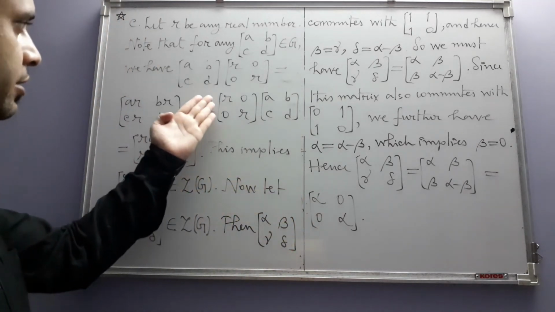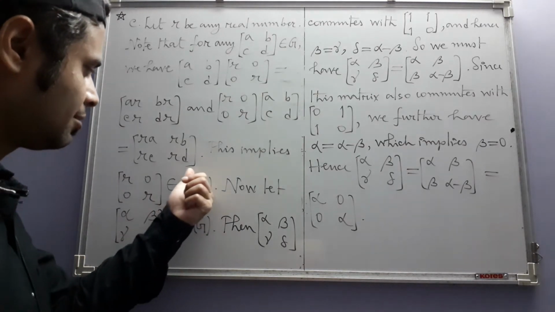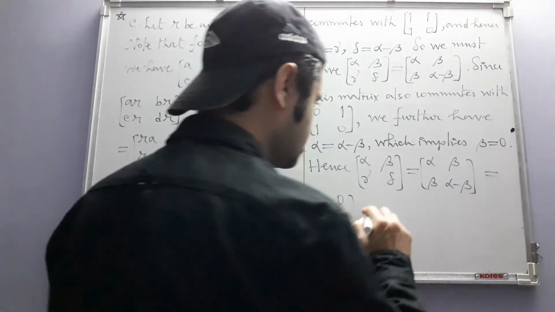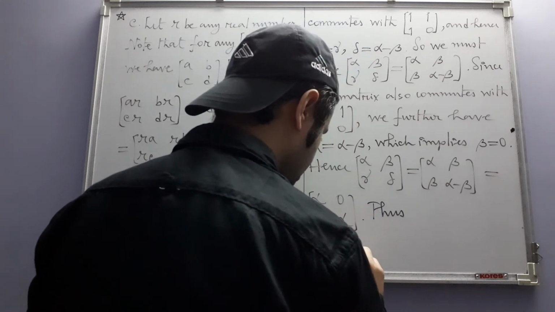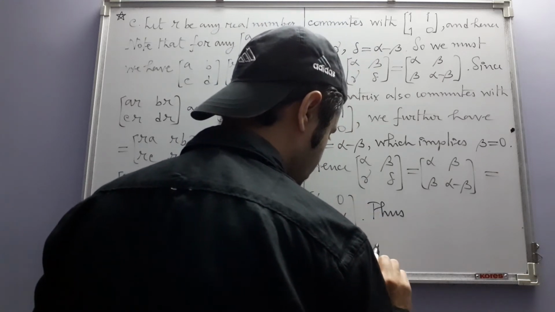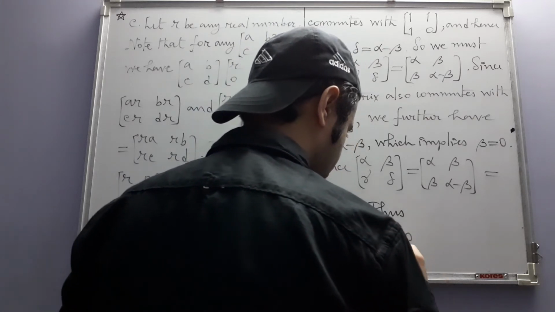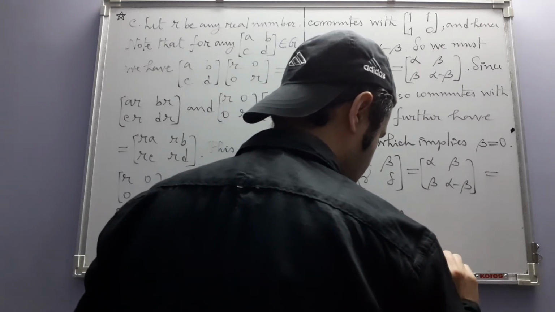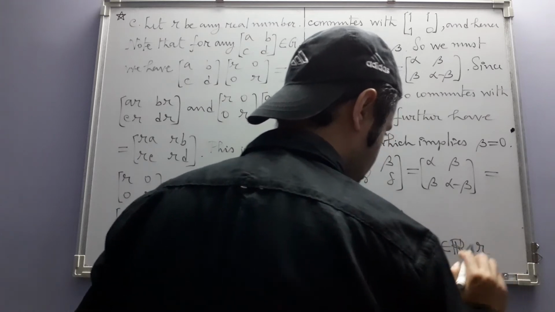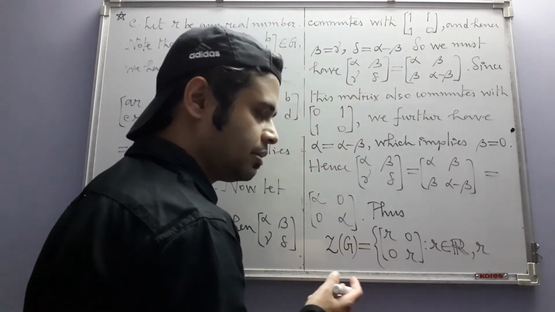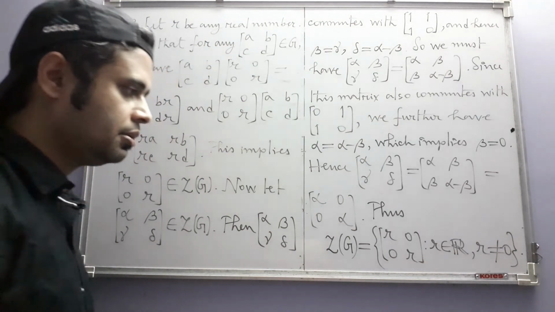Conversely, every matrix of this form belongs to the center. So these are precisely the matrices that form the center. Thus, the center of G, the general linear group, consists of matrices of this form, where R is a real number, and to maintain non-singularity, we require that R be non-zero.